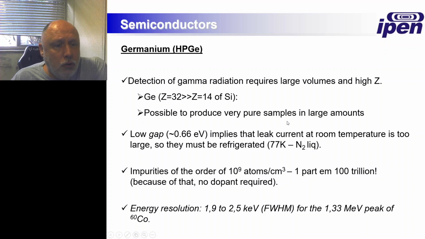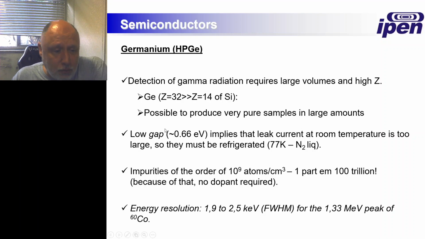And it is possible to produce very pure samples in very large amounts. So that's good. That's what we need. The low gap, meaning the gap between the valence band and the conduction band, is very small, which implies a leak current. And so you do have to keep it refrigerated, because otherwise at room temperature it would turn into a conductor.